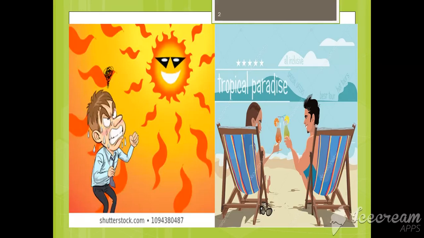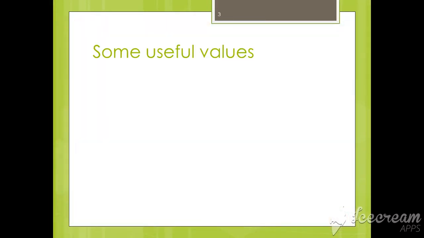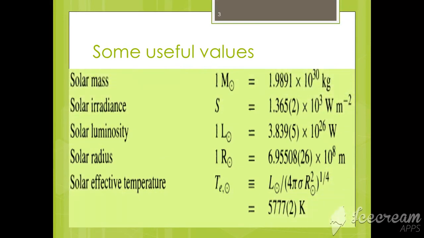So, we are going to discuss in this lecture scientific facts related with the sun. These are some useful constants known as astronomical constants related with the values of the sun, like solar mass having the value 1.9891 into 10 raised to power 30 kilogram.